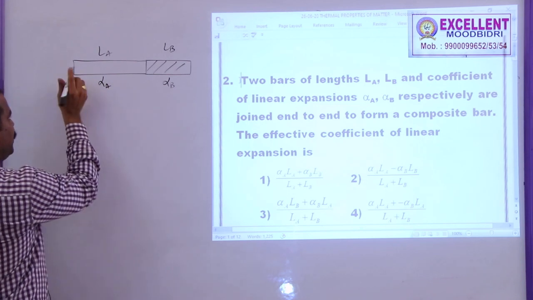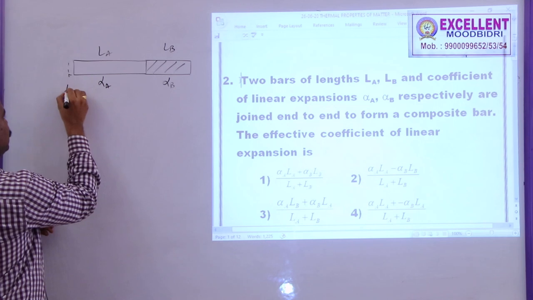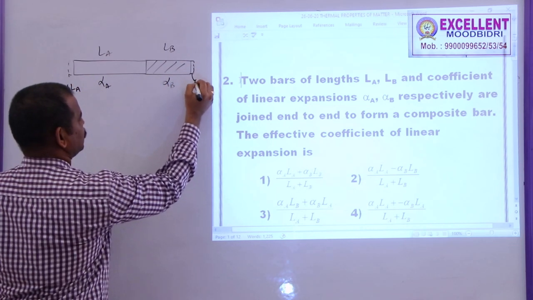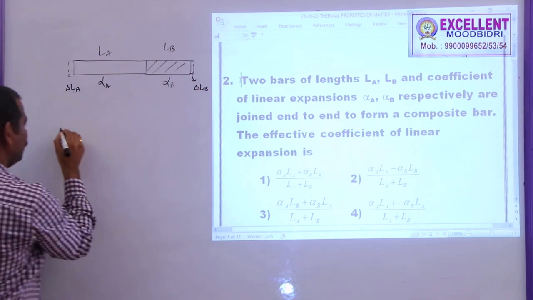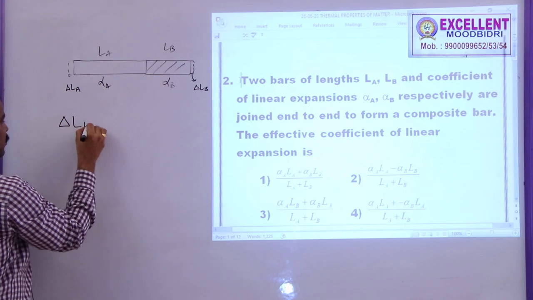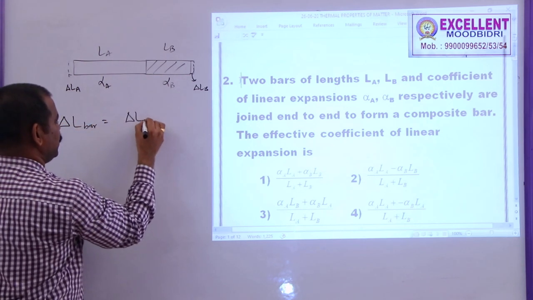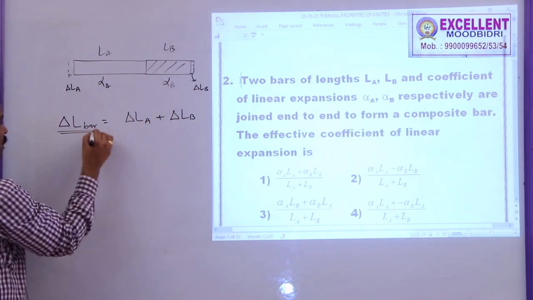We know that if there is a change in length due to heating, let us say this is delta LA, and similarly a change can be seen here, not exactly equal. This is the delta LB. The total change in length of the bar on heating is the change in length in the first bar and the change in length in the second bar. What is delta L of the bar?